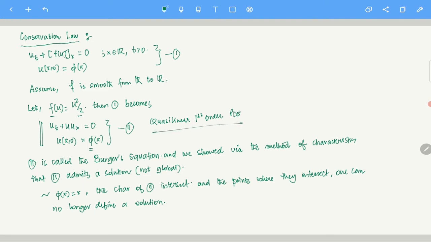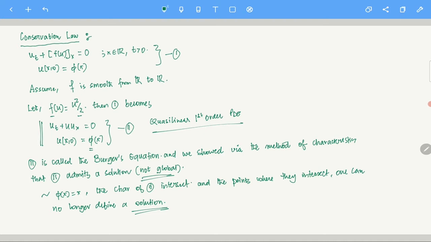Now the PDE (2), the Burgers' equation, with phi of x to be x, a very simple example. Whatever the characteristics of (2) are, they intersect, and at the point where they intersect, you can no longer define a solution. So the solution which you are getting is not a global solution. It's not defined on the whole R cross positive t.